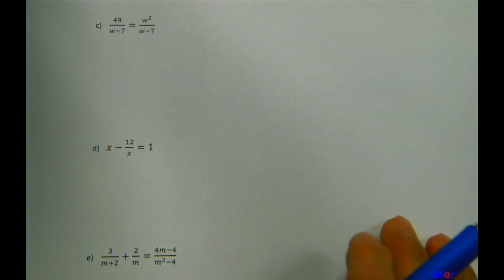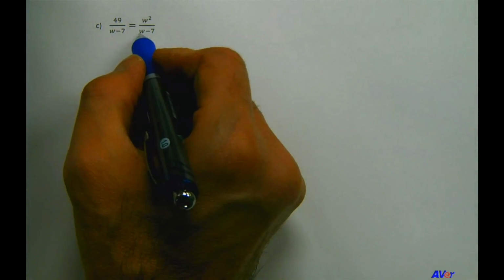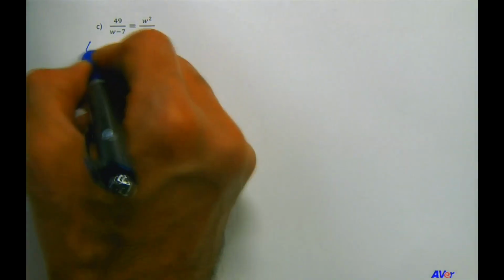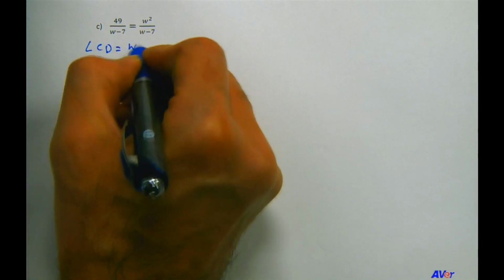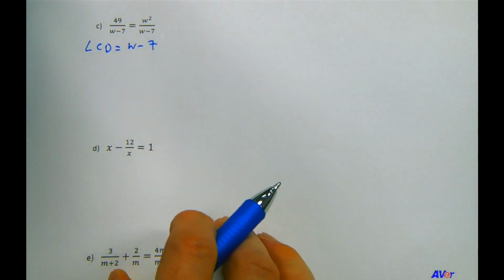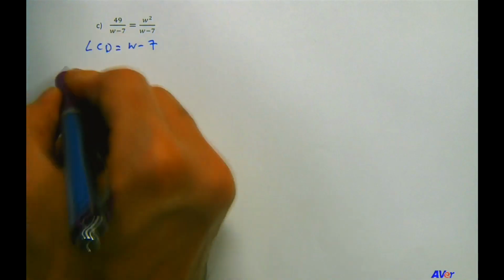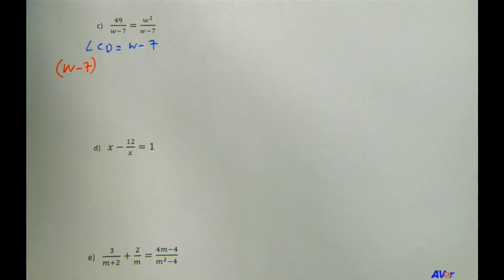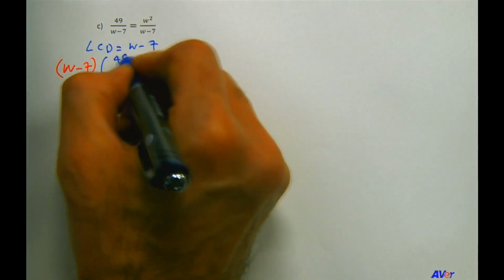Okay, so I'm assuming you've done that. You've solved all 3 and now you're back. Okay, let's see. Here, the LCD to clear both fractions at once is W minus 7, right? So let's multiply both sides by the LCD in order to clear the fractions.